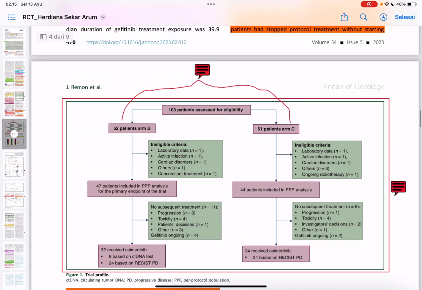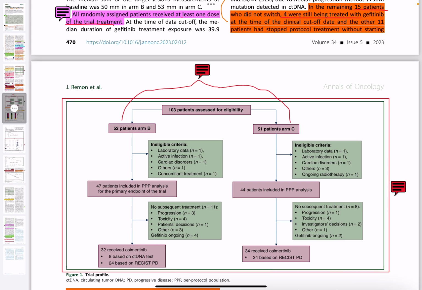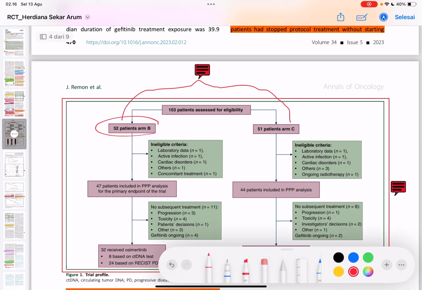Next, we have for each group the number of participants who were randomly assigned, received intended treatment and were analyzed for the primary outcome. Now in here there are 52 patients in arm B and 51 patients in arm C.